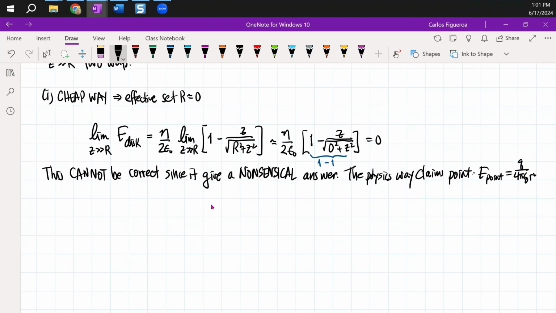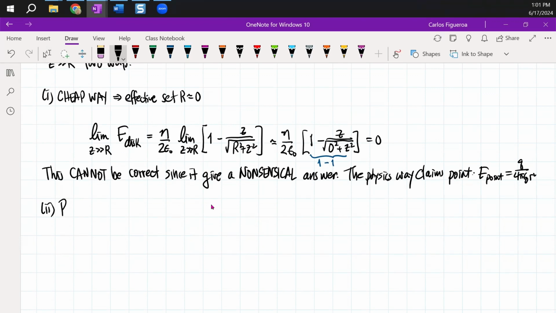That's what we should have gotten. It's not that. So this way does not work. It doesn't make any sense. It's nonsensical. So now we have to do it the proper way.